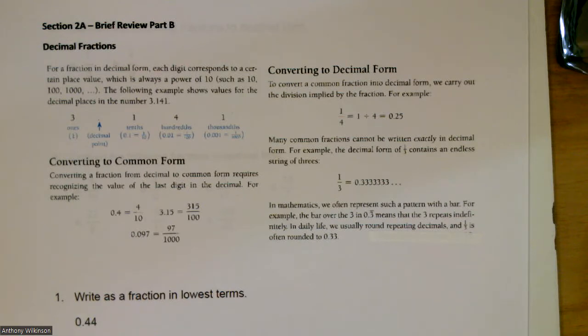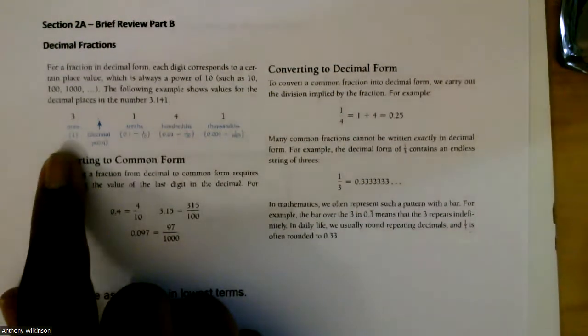All right, for a fraction in decimal form, each digit corresponds to a certain place value, which is always a power of 10, such as 10, 100, 1,000, and so on. The following example shows values for the decimal places in the number 3.141.